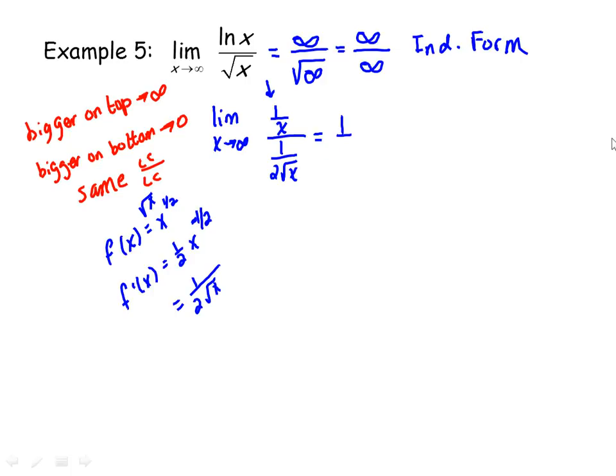So let's do this. 1 over x is equal to, not equal to, it's times 2x to the 1/2 over 1. Alright, so if we keep going with this, we're going to get 2x to the 1/2 over x. What's going to happen?